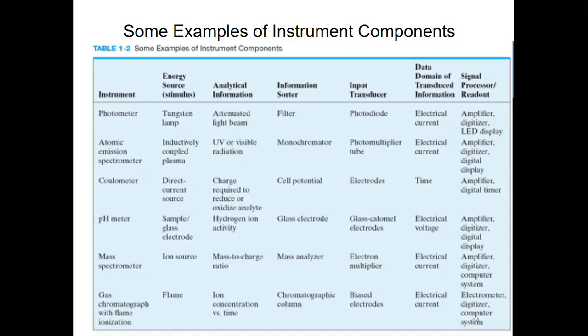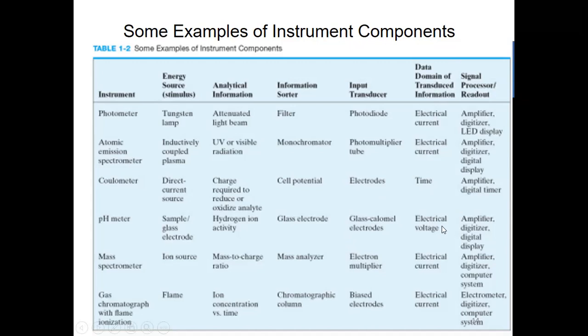And then the input transducer is the glass calomel electrode. Here the hydrogen ion activity converts into an electrical signal, current, and then voltage. The data domain of the transduced information is electrical voltage.